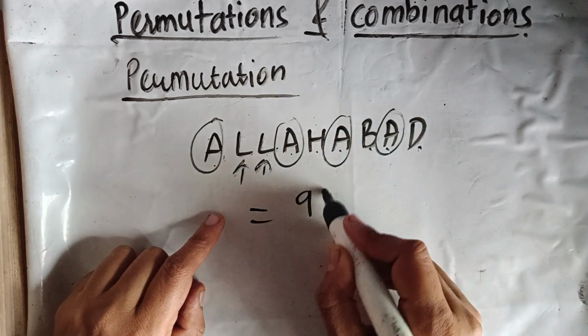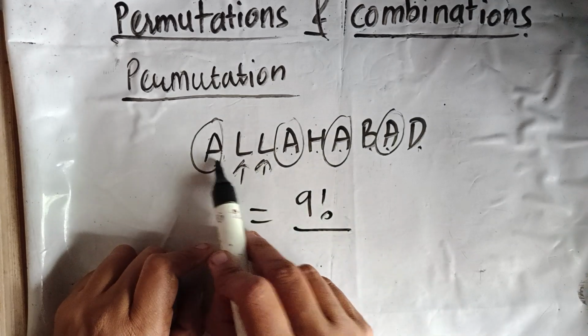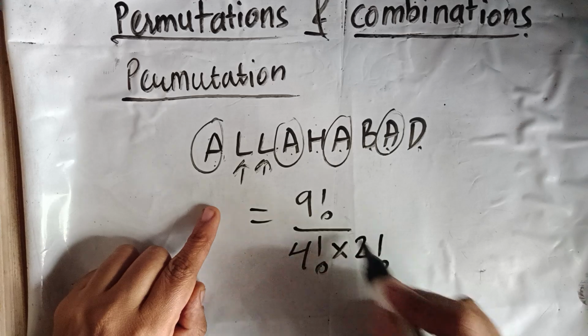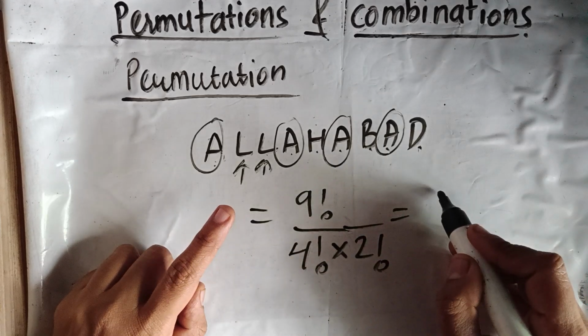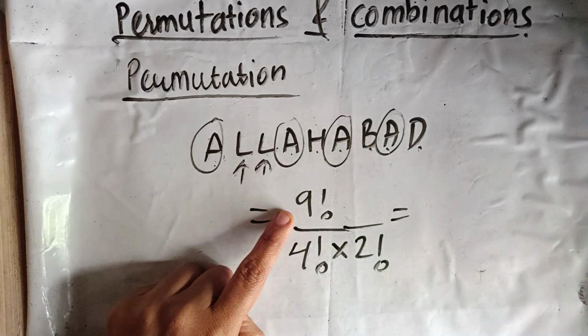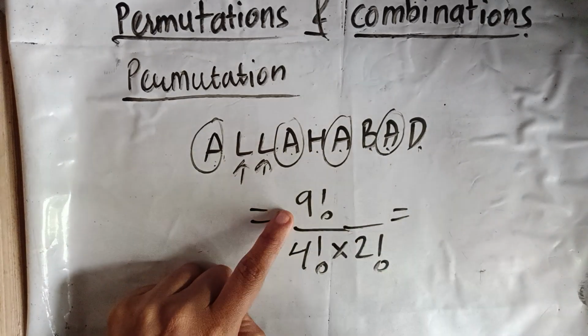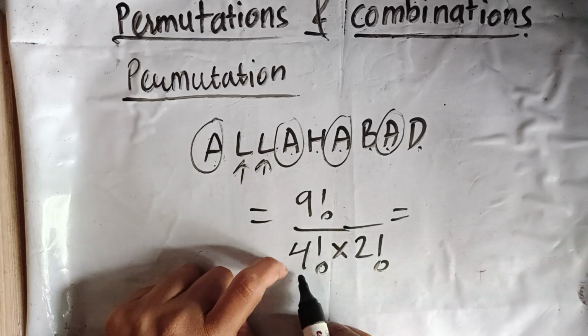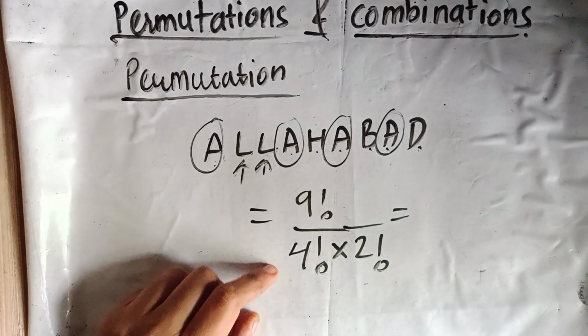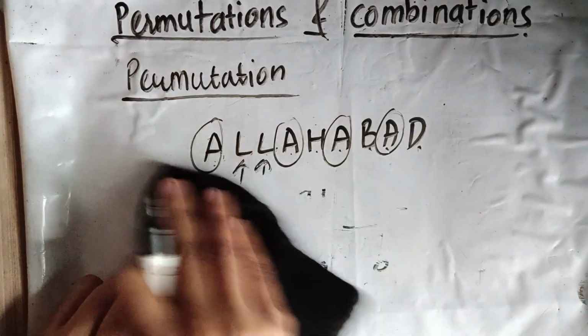So it will be 9 factorial upon 4 factorial for A and 2 factorial for L. We can expand this: 9 into 8 into 7 into 6 into 5 and then 4 factorial, then 4 factorial gets cancelled, then 2 also you can cancel. That is easy.